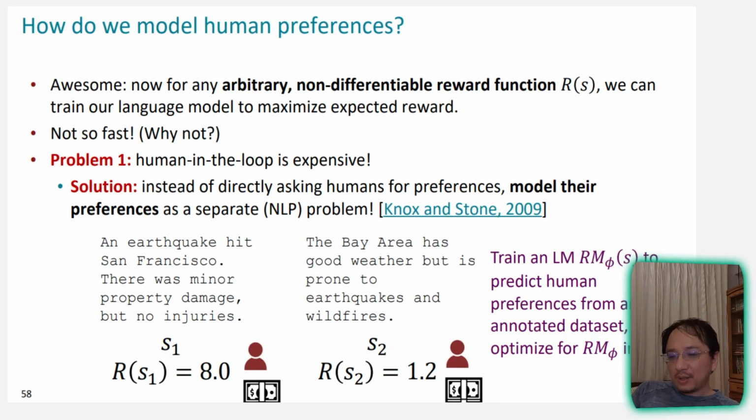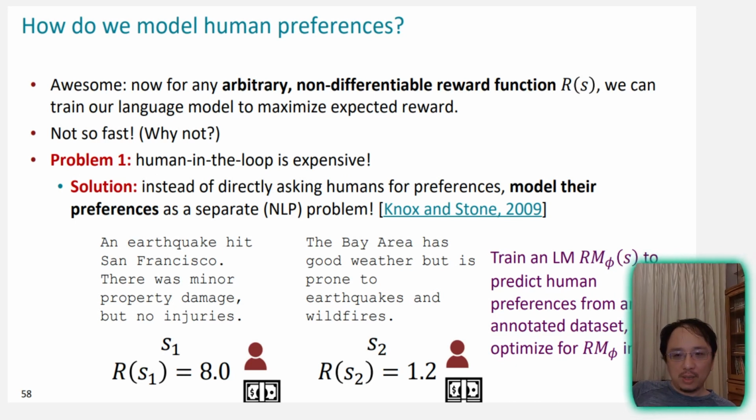So the apparent issue is that it's not easy to get human rewards. Either it is very expensive or we just don't have enough humans to respond to the text generated by the model.